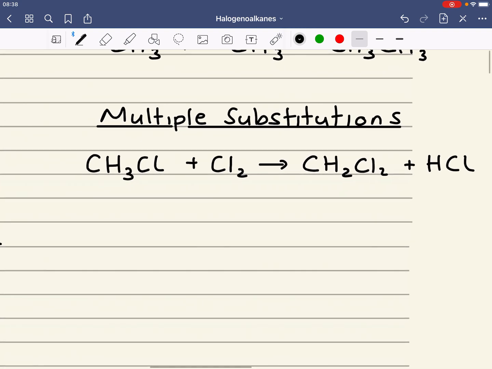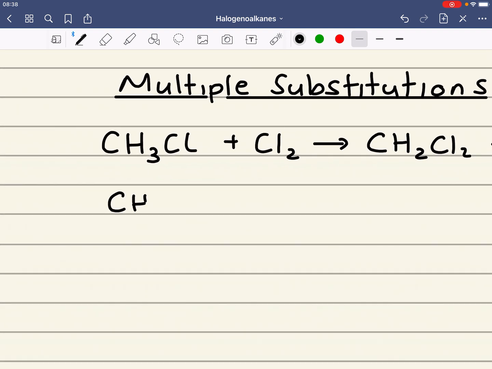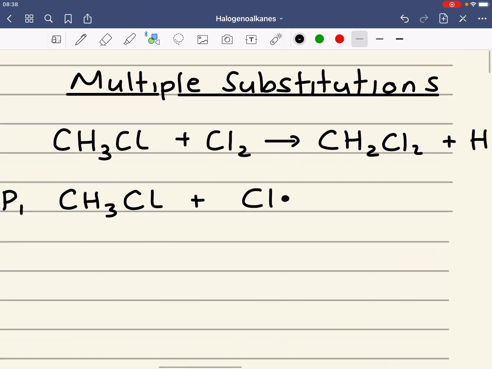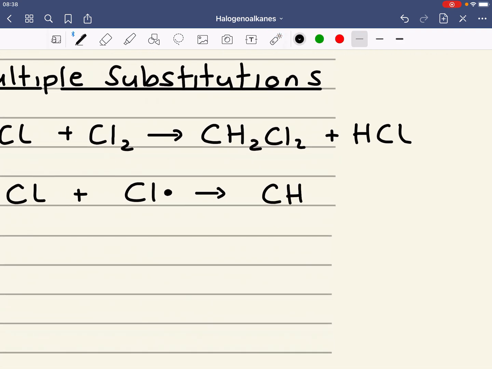Okay, now if we look at the mechanism for this, the initiation step is obviously going to be the same. The propagation steps would be as follows. I'll call this P1. You'd have CH3Cl, and again, the chlorine radical always pulls a hydrogen off to form HCl. So this chlorine radical pulls one of these hydrogens off, and we end up with a CH2Cl radical plus HCl.